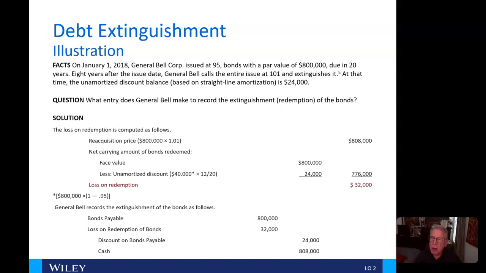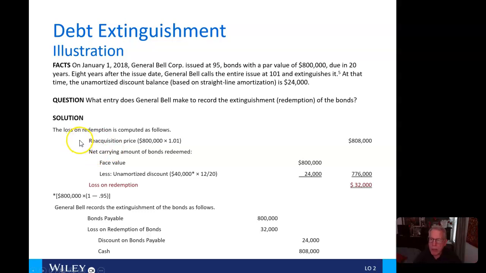At that time, the unamortized discount balance based on straight-line amortization is $24,000. So, what entry does General Bell make to record the extinguishment? That's the redemption of the bonds.